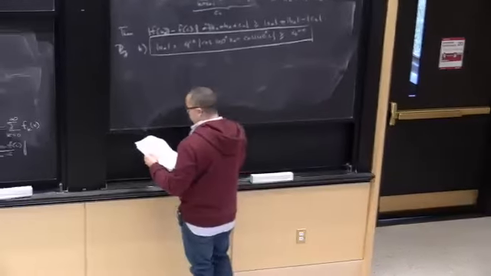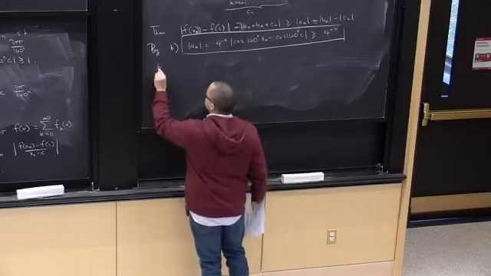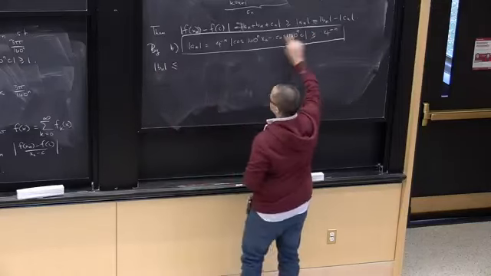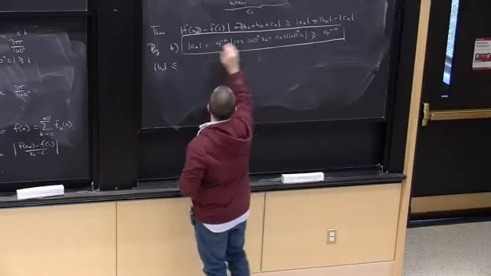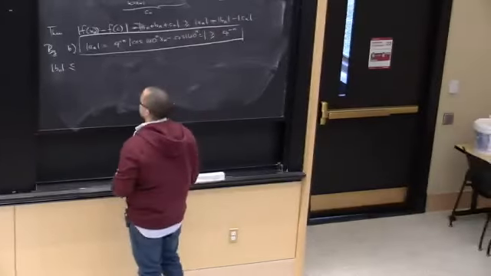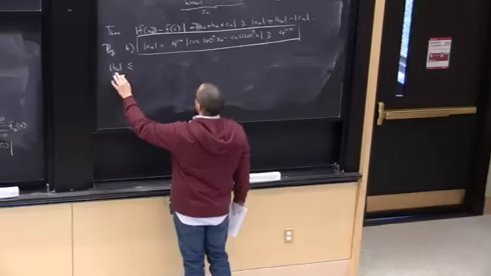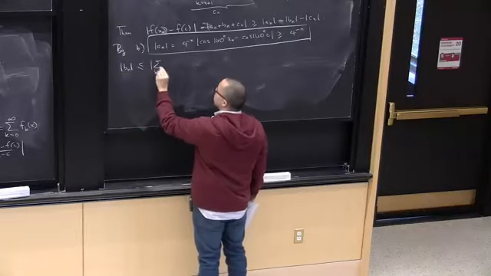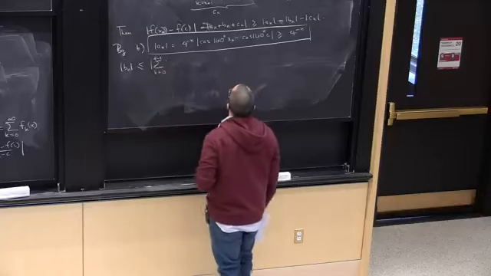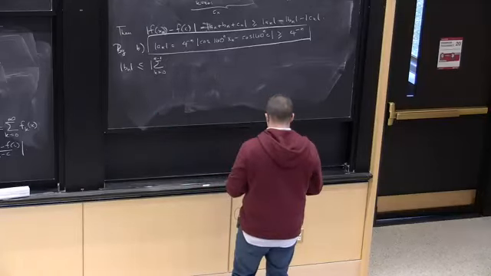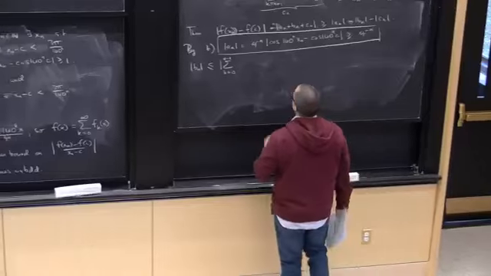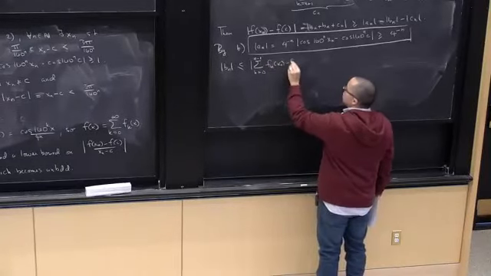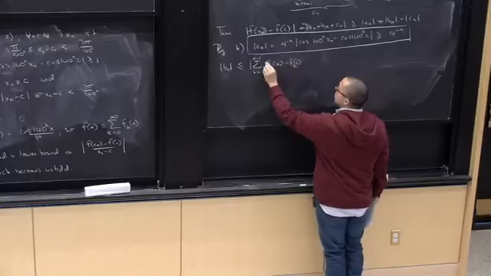Now let's look at how big b sub n is. Now we want to bound this from above because when it hits the minus sign, this will flip the inequality and we'll have that this will be bounded from below by something. So the absolute value of b sub n is equal to the absolute value of the sum from k equals 0 to n minus 1 of f k of x sub n minus f k of c.